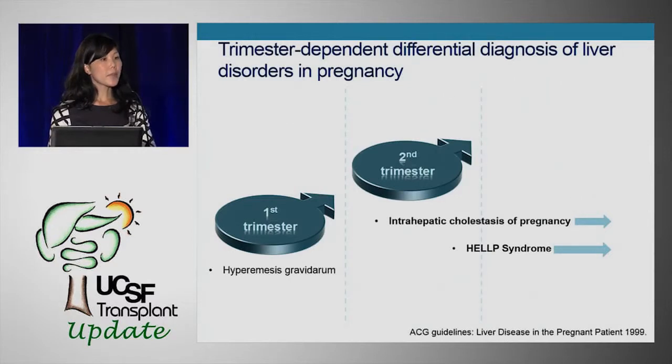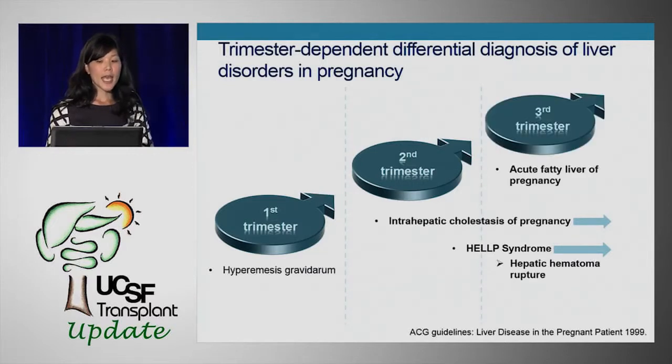Towards the end of the second trimester, we can see intrahepatic cholestasis of pregnancy, and at the very end of the second trimester, HELLP syndrome can start to appear, but really these become more severe and more prominent in the third trimester. Acute fatty liver of pregnancy and hepatic hematoma rupture are really limited to the third trimester of pregnancy.